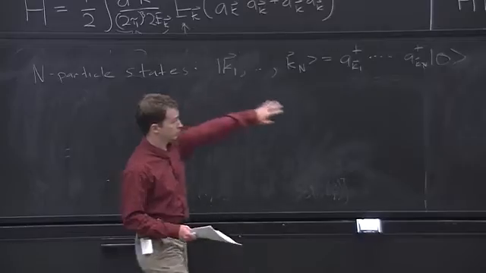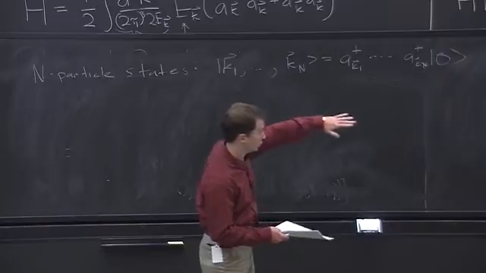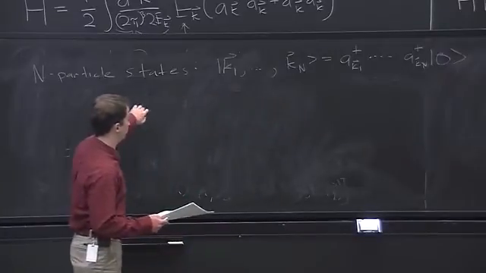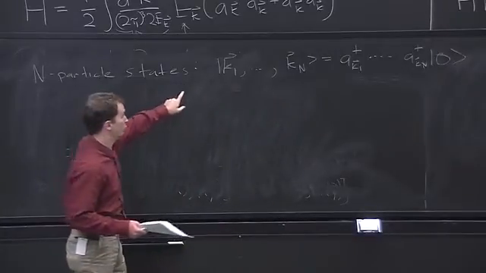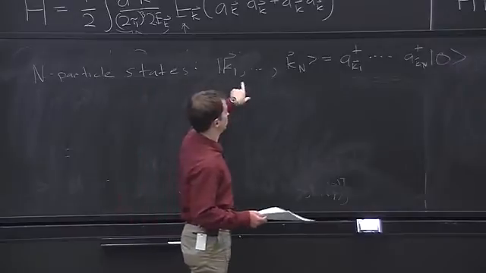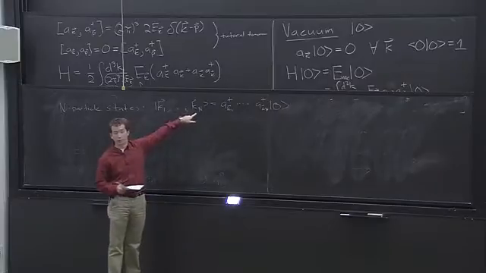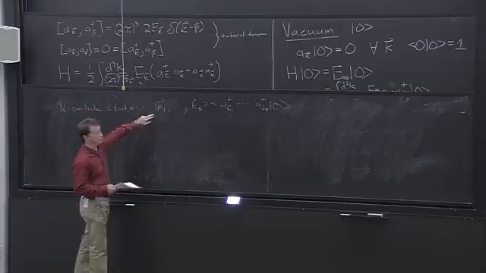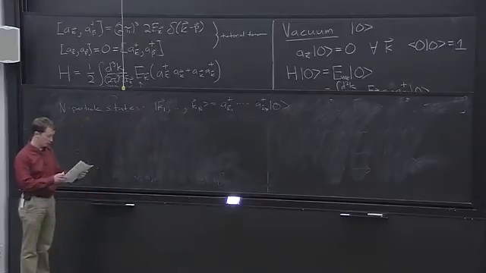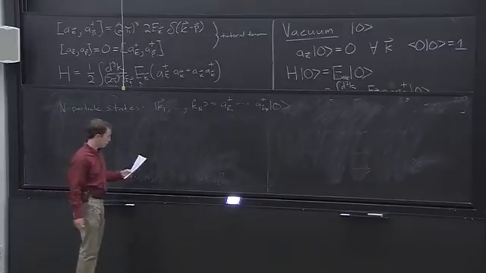And it'll also show in tutorial tomorrow, it's almost the same argument, that these states have total momentum K1 plus everything up to Kn, and total energy, which is just the sum of the energies of the individual particles.